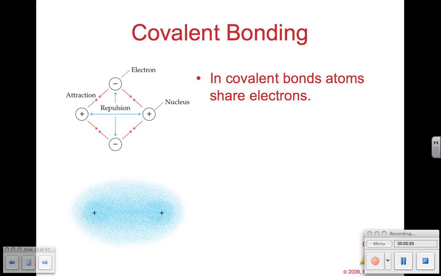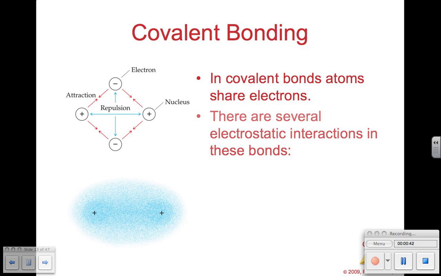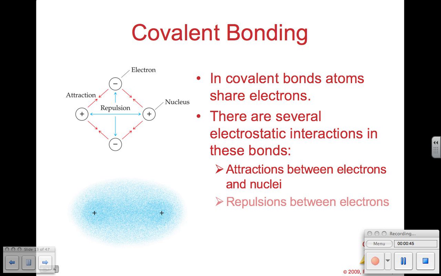So covalent bonds are different in the sense that rather than ionic bonds where one gains an electron and one loses, covalent bonds share the electrons. So the electrons spend time near the nucleus of one atom and then spend time near the nucleus of another atom. And so there's a number of electrostatic interactions going on.